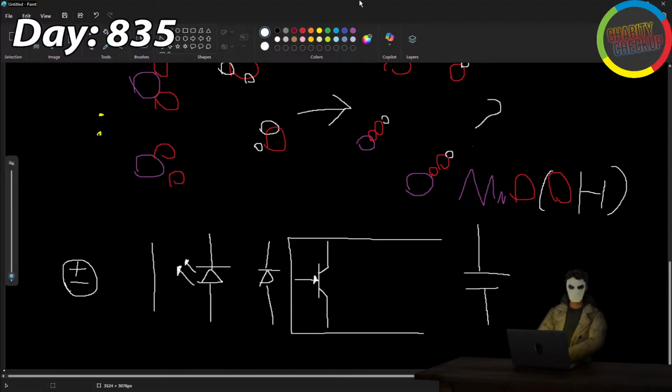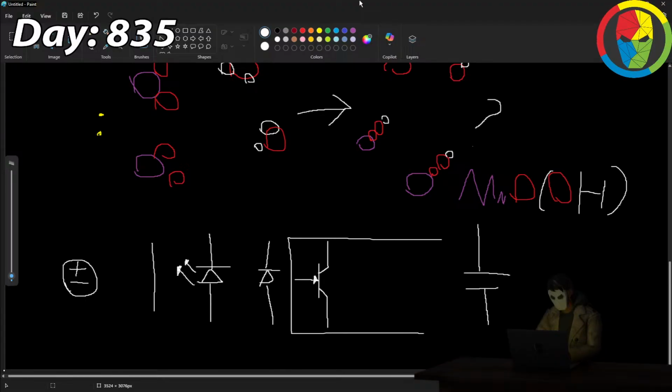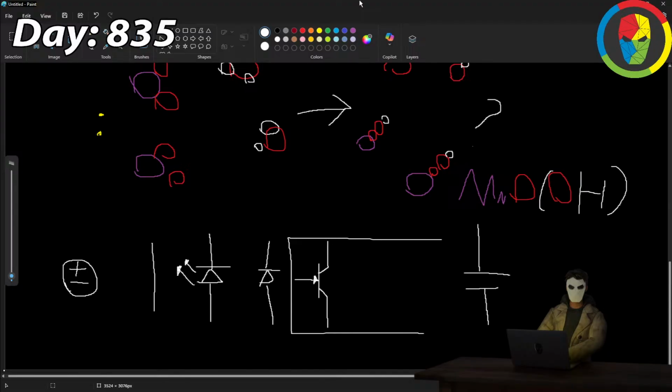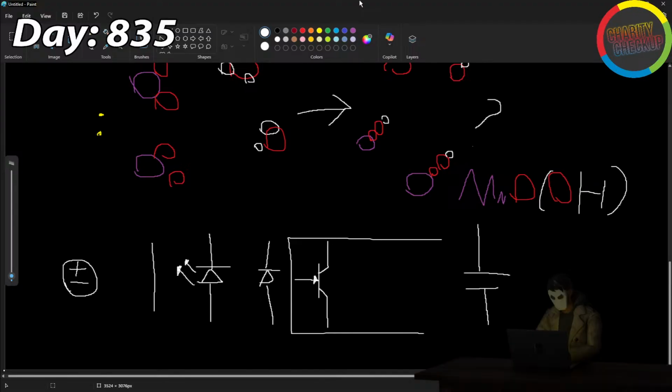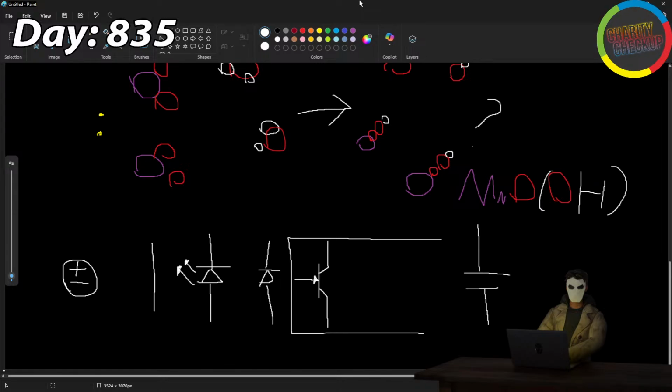MOSFETs are the more confusing ones, because BJTs are just 2 diodes. Like, when it comes to usage, MOSFETs are much easier. I do agree with you there. That's why I only use MOSFETs, because the BJTs are just confusing. They're dark magic when it comes to their usage. They're used in the mathematics of electronics, or mathematics of electricity, and it's just wild.